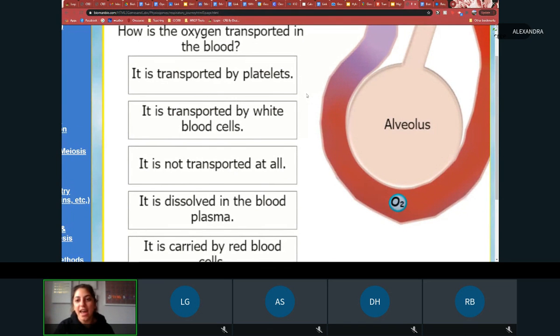What else do we have? Denny, Avery, Spencer. What are you guys thinking? How does the oxygen get transported in the blood? Dissolved. Okay, we've got another dissolved in the blood plasma. Spencer, what do you think? Dissolved. Okay, let's see what happens.